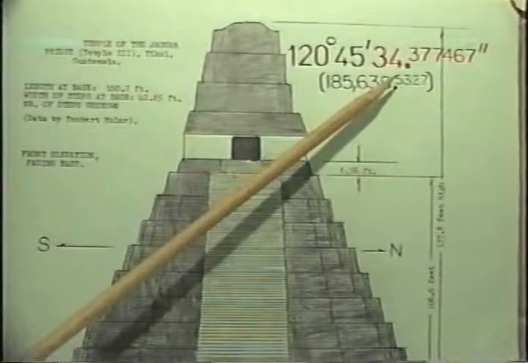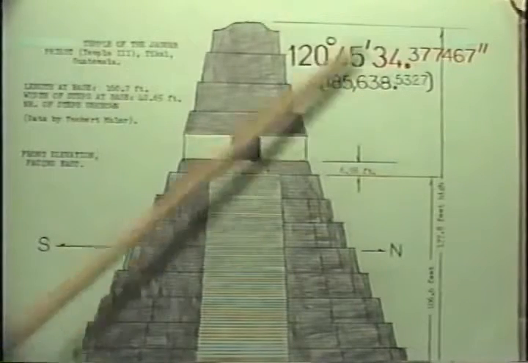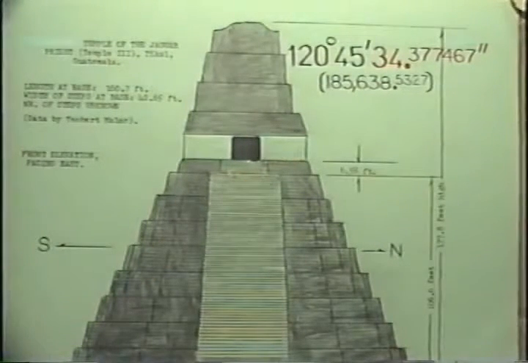The longitude of its Temple 3, 34.377467, is exactly 3/5 of the radian.